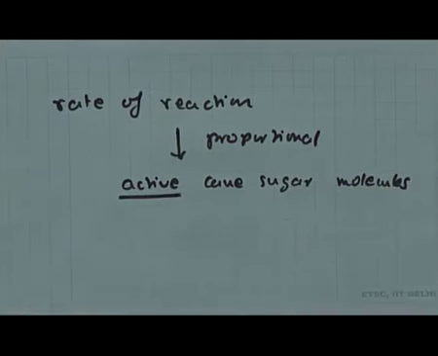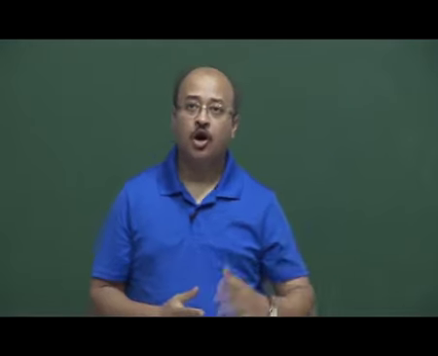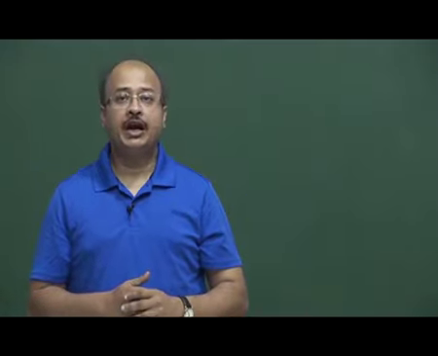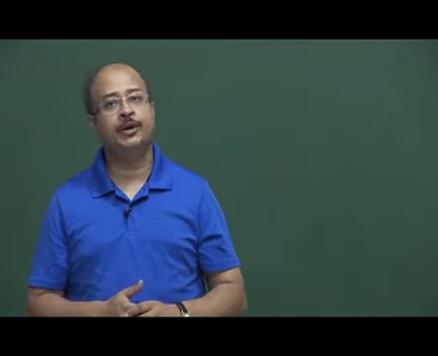So, this introduction of the word active was a key step taken by Arrhenius in his generalization of the expression k is equal to A e to the minus Ea by RT.